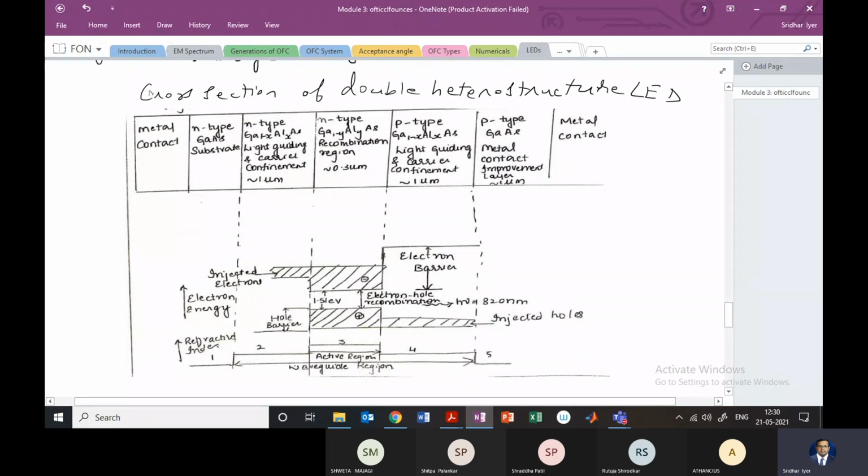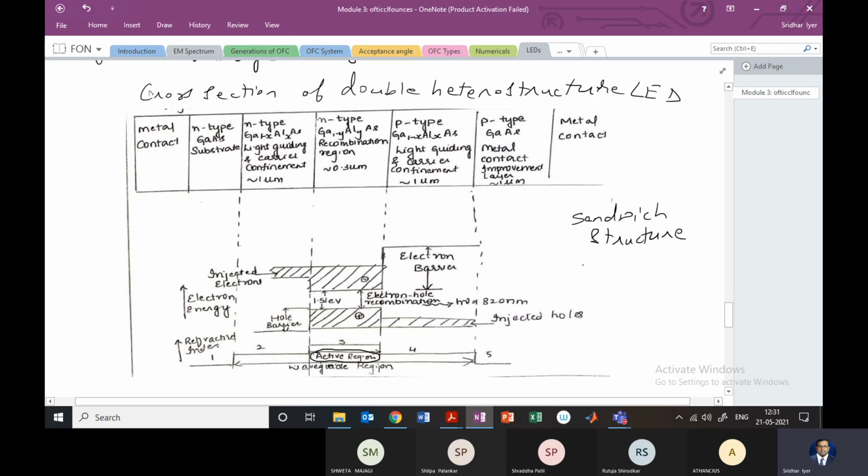So let me mark here so that you can see it clearly. This is the active region, number 3, right? This active region is where your LED is going to really operate, and electrons are going to be converted into the corresponding photons, right? So this is also known as a sandwich structure.